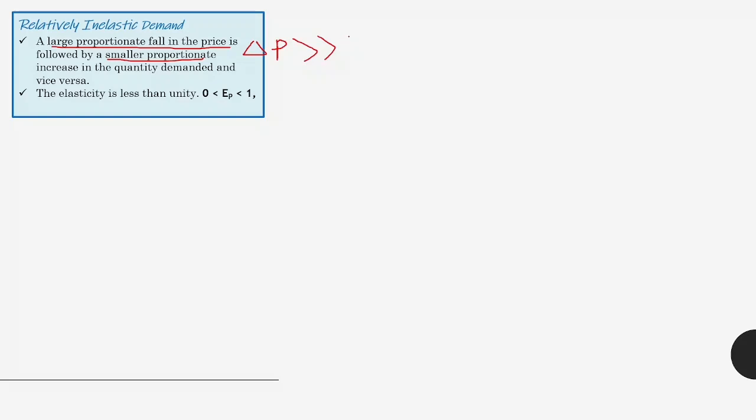And vice versa, when there is a greater increase in price, we see a lesser increase in quantity. So this is what relatively inelastic demand is. The range for this is that elasticity is less than 1 but greater than 0. Do remember the range of this.